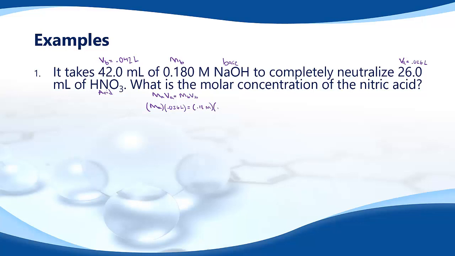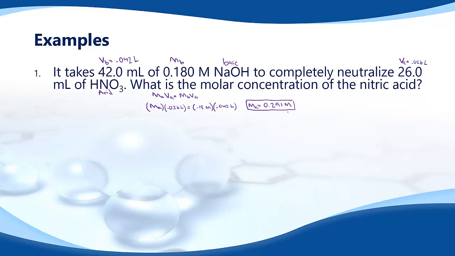And our volume of the base is 0.042 liters. So now all we do is solve for molarity of the acid. That's just some basic algebra. And we get a molarity of the acid equal to 0.291 molar. Right, I get 3 sig figs here because 3 for the 42, 3 for the 0.180, and 3 for the 26.